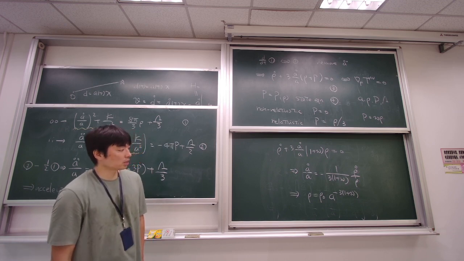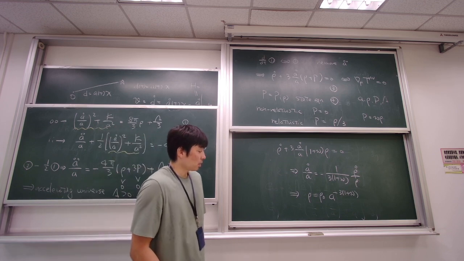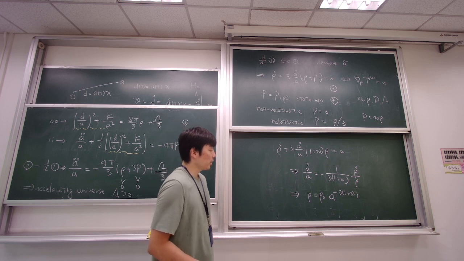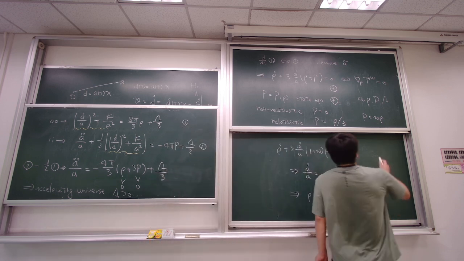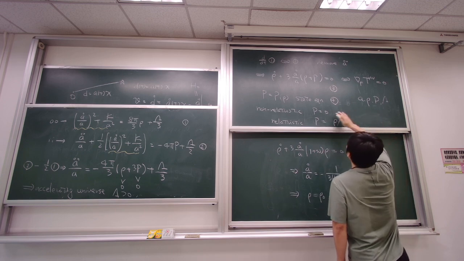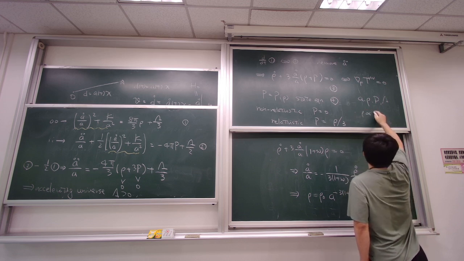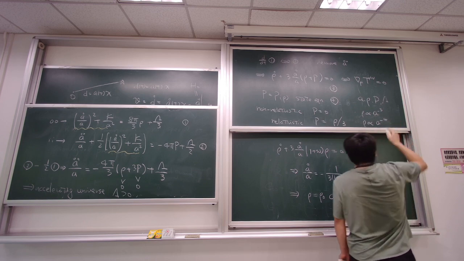Hopefully I'm not wrong. Yeah, it should be okay. And in the case of non-relativistic w equal to 0, rho is proportional to a to the minus 3. For relativistic, w equal to 1/3, rho is proportional to a to the minus 4.